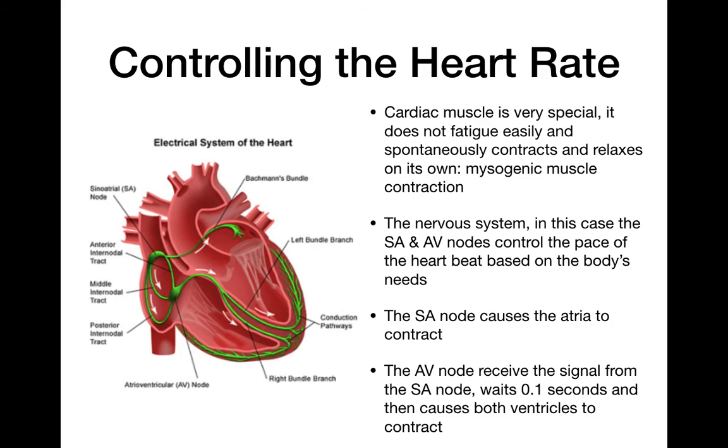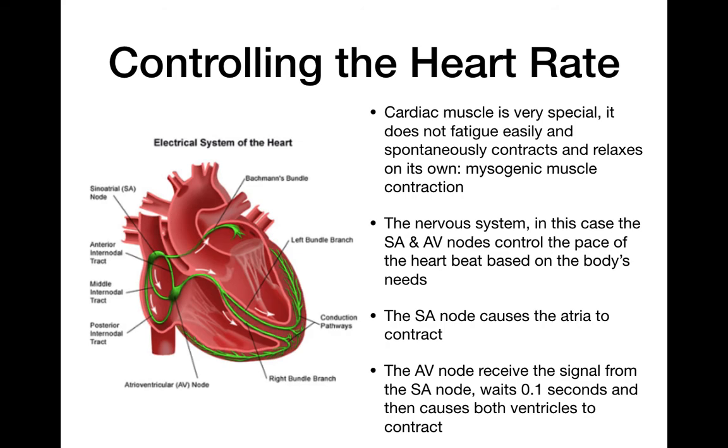We do have microscope slides of cardiac muscle, so you can look and compare them. What we need our nervous system for, the SA and AV nodes, is to pace your heartbeat. So we have a heartbeat that happens by itself, but the pacing of it to match our body's needs is done by the nervous system.